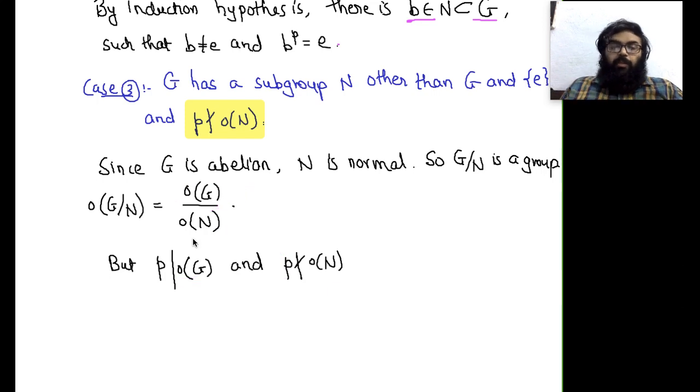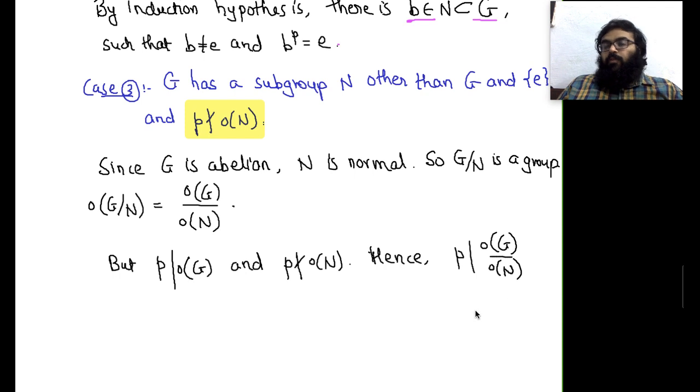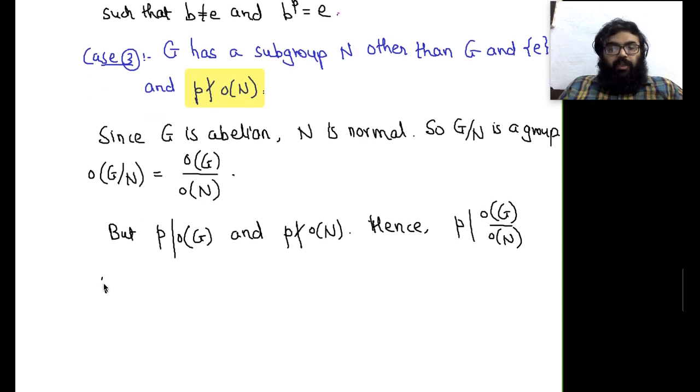In this case, P does not divide the order of N. Hence we can write P divides the order of G upon the order of N, because there is a prime dividing the numerator as a factor, but it does not divide the denominator. So P divides the order of G quotient N.